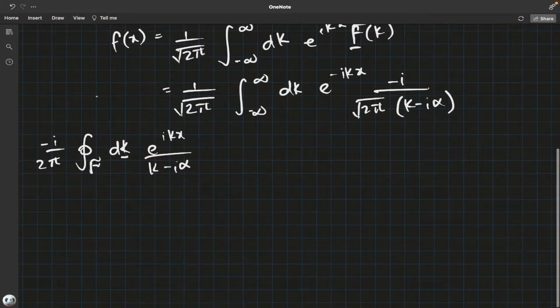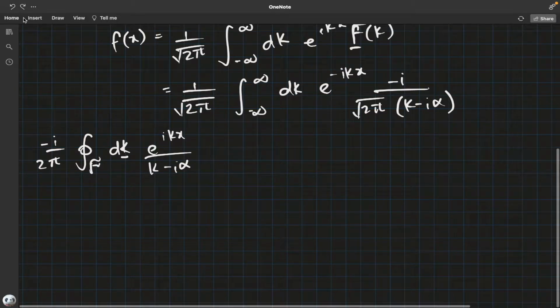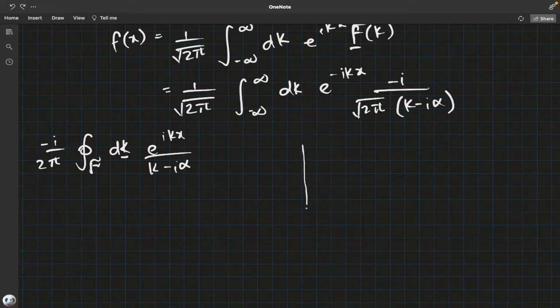And why is this useful? Because if you remember what we used to do before, we had a contour defined. My drawing is becoming more and more horrible, but it doesn't matter. The procedure is more important than the diagram.